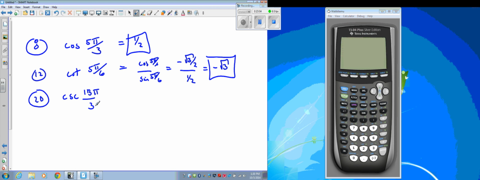And that means you've got to subtract successive 2 pi's out of there. So that would be successive 6 pi's over 3, right? 2 pi's would be 6 pi over 3, correct? So you can subtract one 6 pi over 3, and you would get 7 pi over 3.